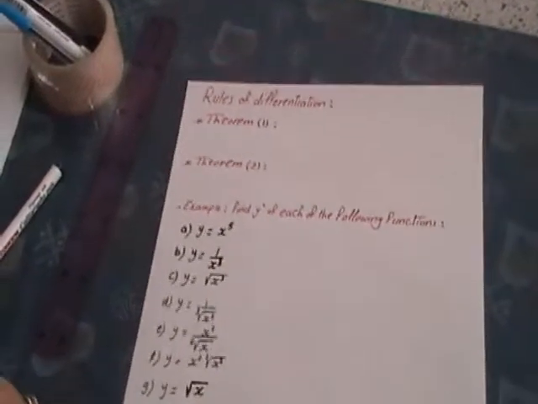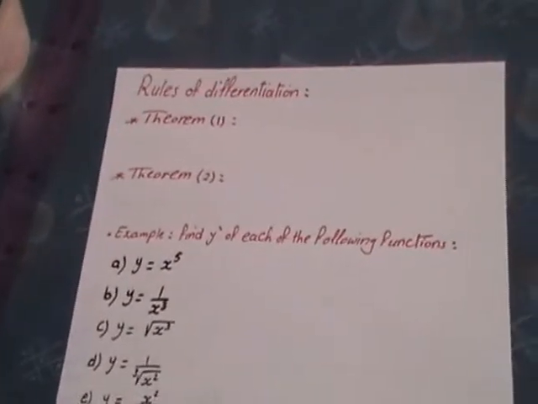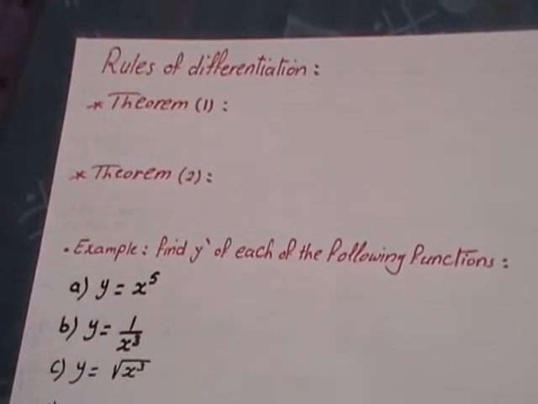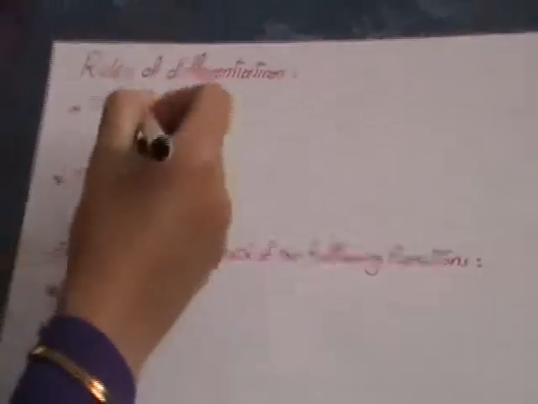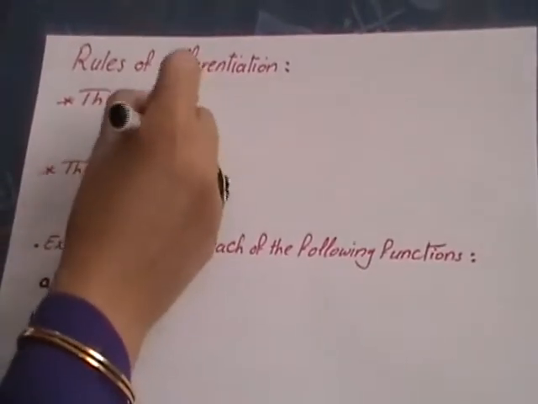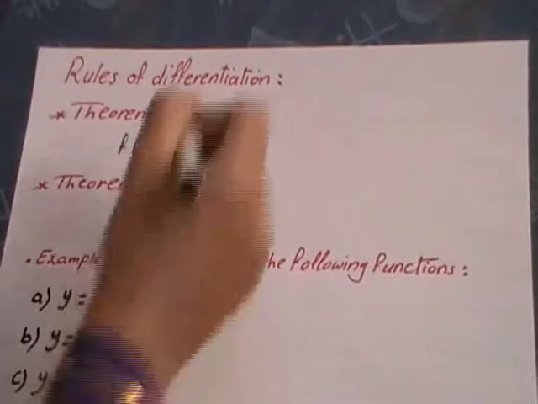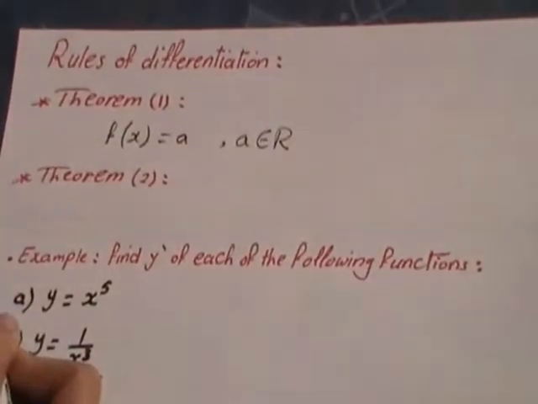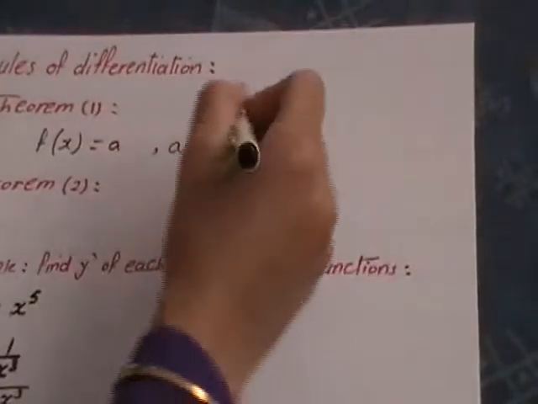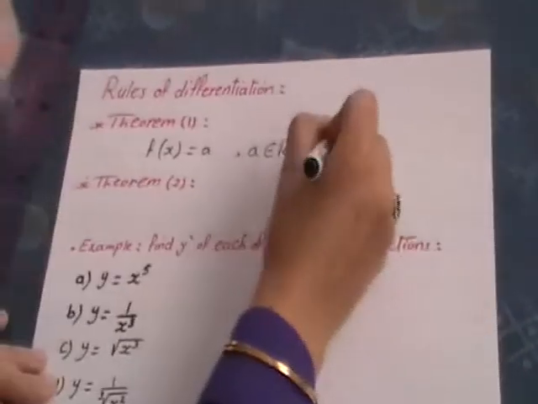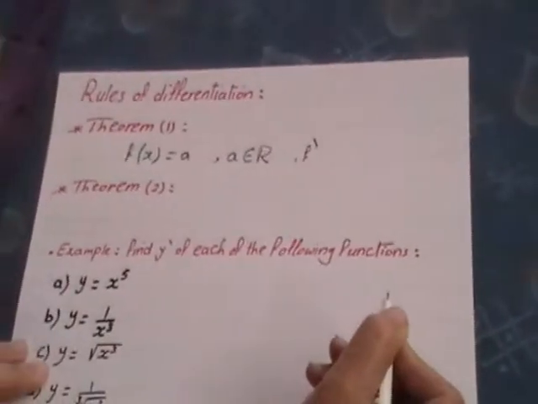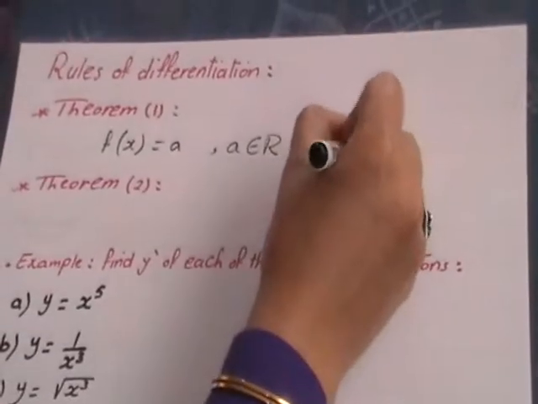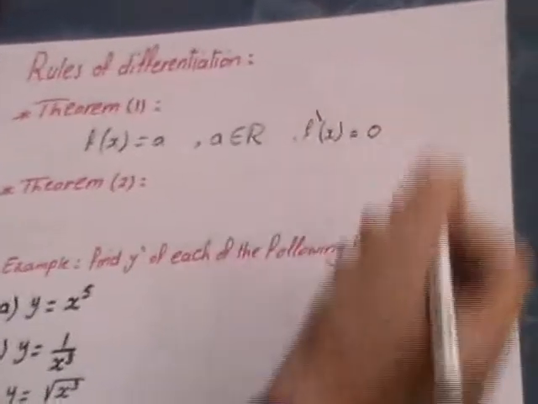Theorem 1 says that if f of x equals a, where a is any real number, then f dash of x, the first derivative of the function, equals 0.